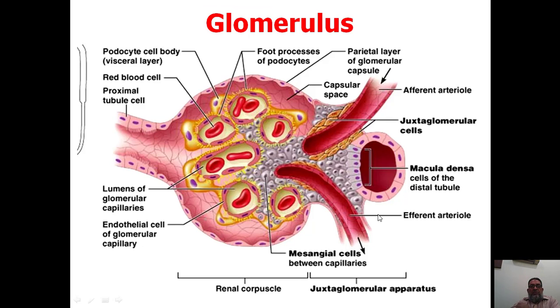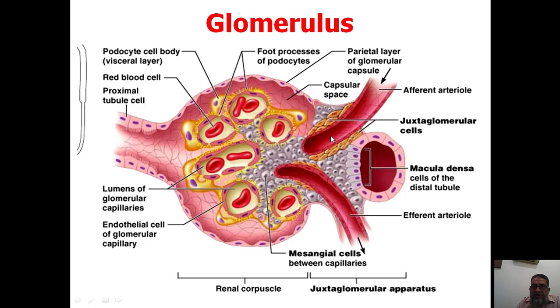Now we'll discuss first the glomerulus. What is that? So the glomerulus is a tuft of capillaries, that is the branching of the afferent arteriole, which is capped by the Bowman capsule. Look at the picture. So this hole is the Bowman capsule.